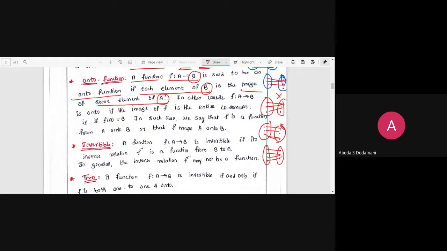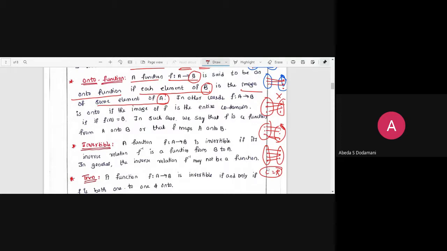The codomain must be full. Where in other words, if your codomain is equal to range, then that function is the onto function, because this is your codomain and this itself is your range. So therefore, then only we can call it as the onto function.